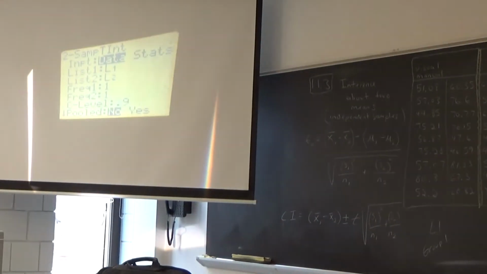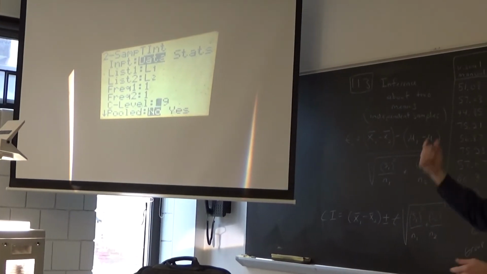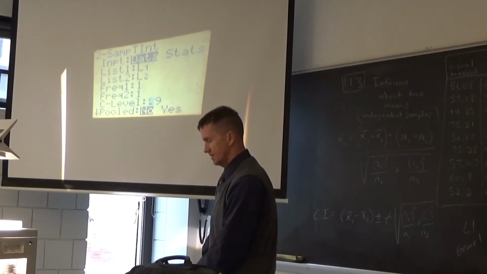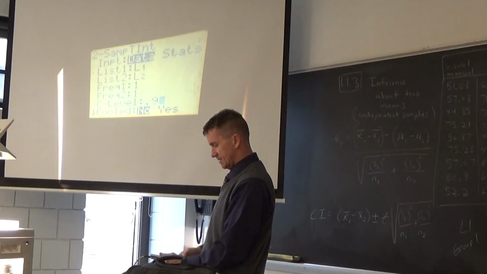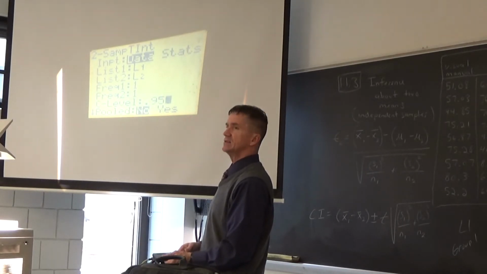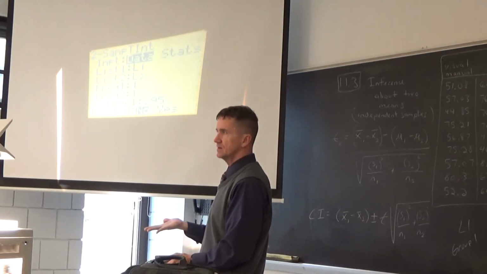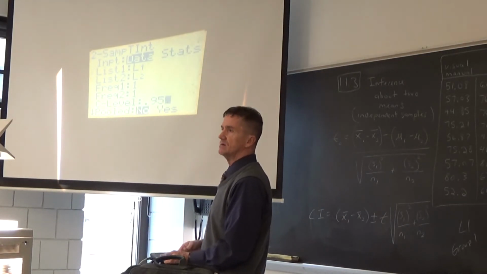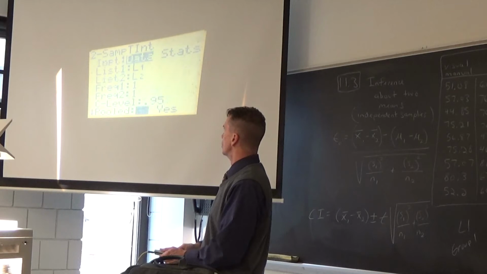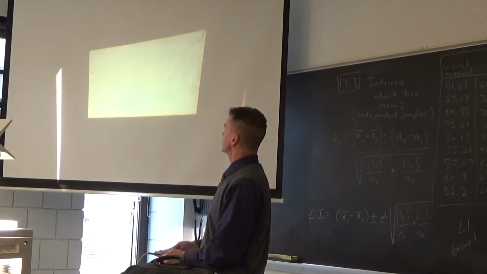What's in the middle? 95%? Yeah, so I'm going to use 95% here. And here's the idea: if we don't get a 0 in this interval, that gives us further evidence that we're rejecting the null. So does this interval contain a 0?